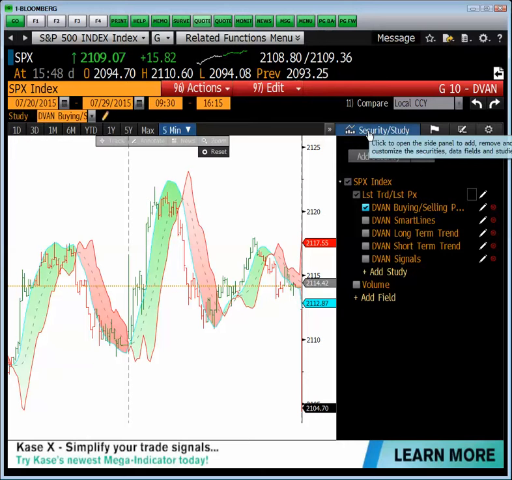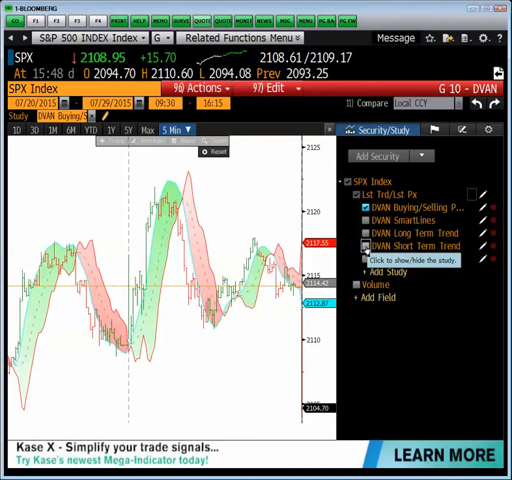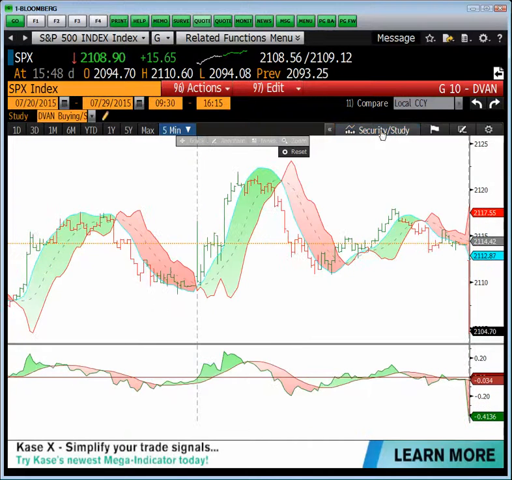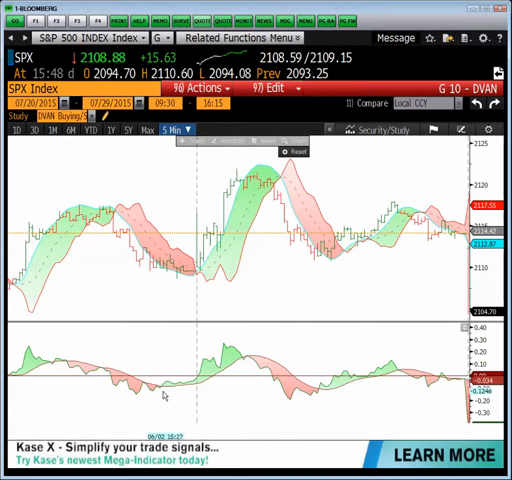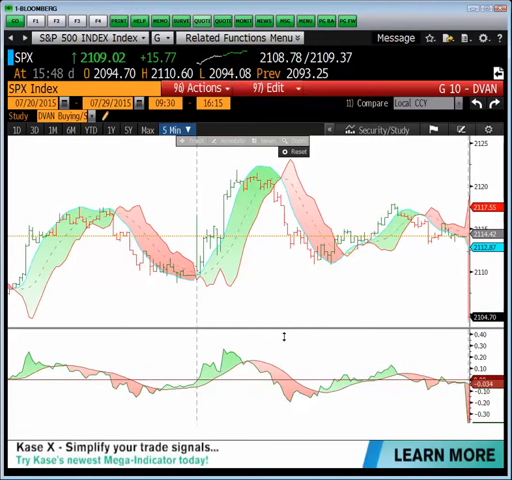Now I will add the short-term trend study. The short-term trend study just consists of a green and red shading in a panel below price bars. This study is plotting short-term momentum for swing trading and for quicker entry and exits.